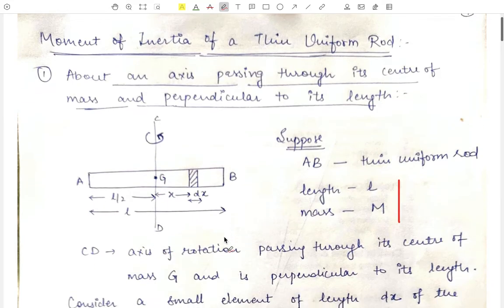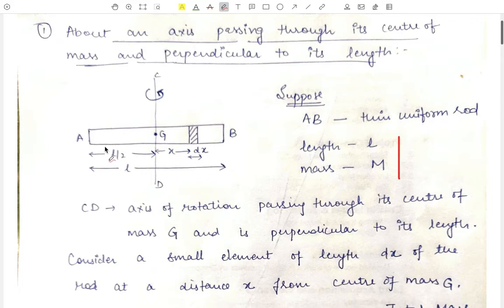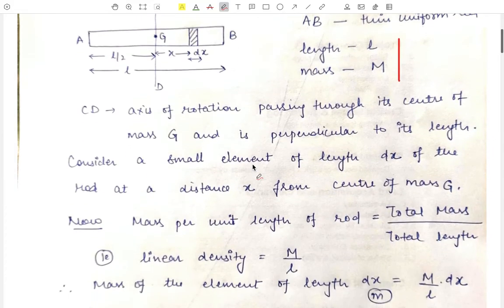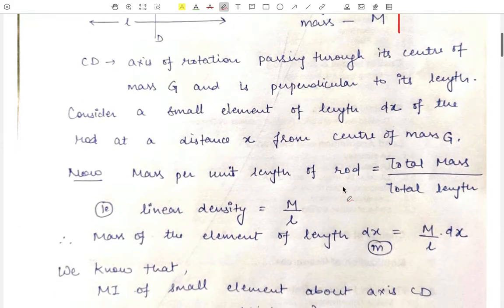Since the rod is uniform, we can find the mass per unit length, which is the total mass divided by the total length. That is, the linear density will be equal to m upon L.